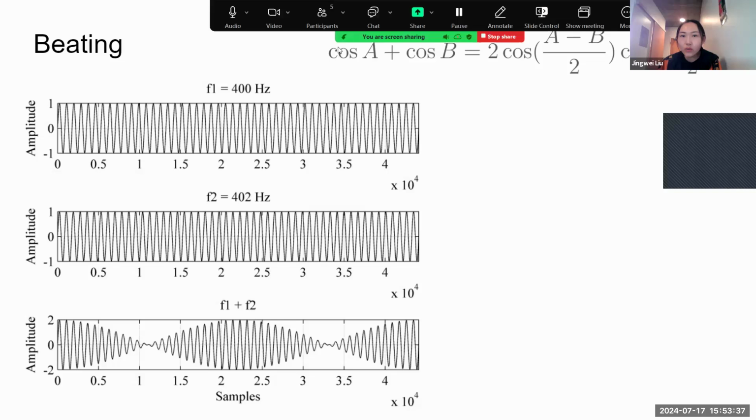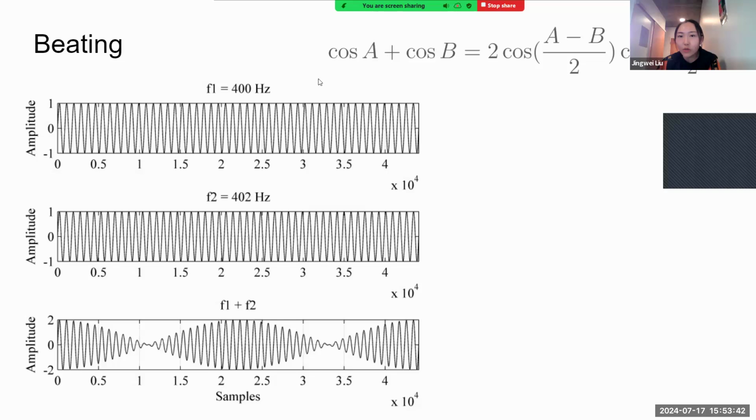When two sinusoids are added together, if you recall this trigonometric formula, it becomes the multiplication of two cosine waves. When the two frequencies are very close, then a minus b is like 2, so this cosine is only 1 hertz, and this other cosine of a plus b is like 400 hertz.